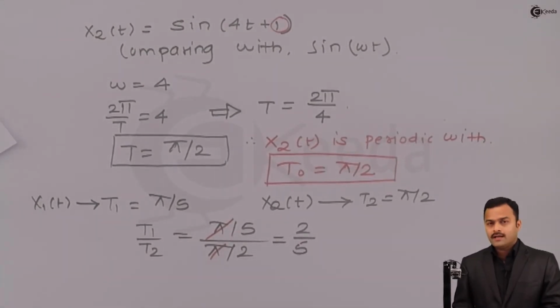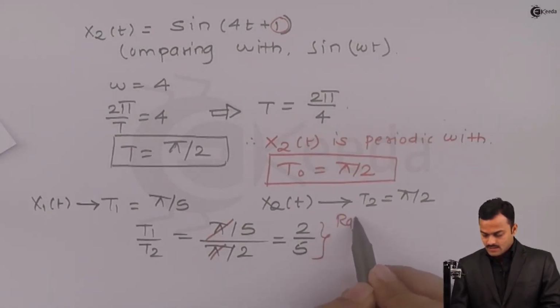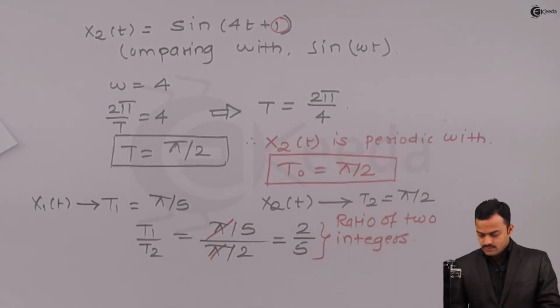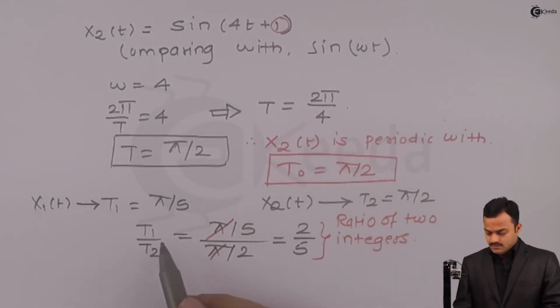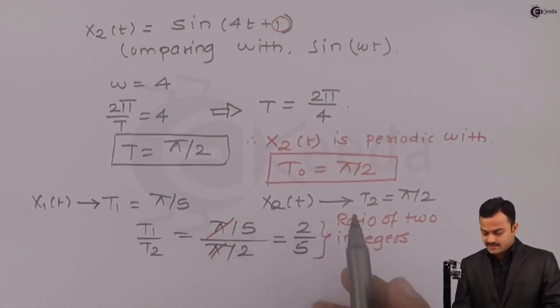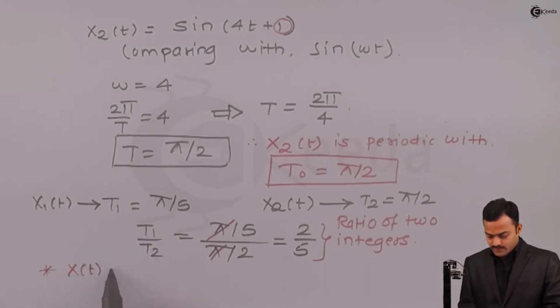So 2 by 5, once again, I can consider this as a ratio of two integers. So I'm getting a ratio of two integers after taking the ratio of the time period of the first signal and the second signal. I can say x(t) is a periodic signal.